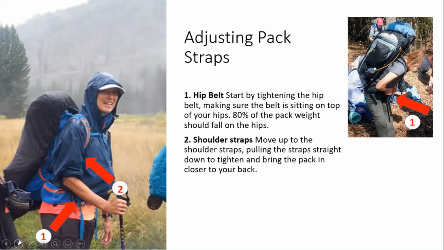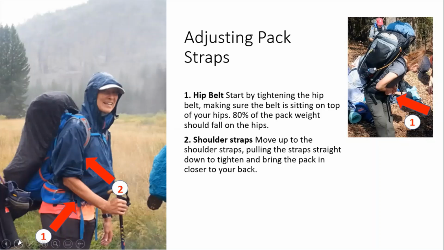And then after you have it on and centered right, you want to snug it up good and tight, because it's going to hold 80% of the weight of the pack. So it needs to be tightened up enough it's not going to slide down around your butt, right? After you've got the hip belt snugged up, then you're going to move up to the shoulder straps, and you'll be pulling straight down from those. What that's going to do is pull the pack closer into your back and snug it against you.